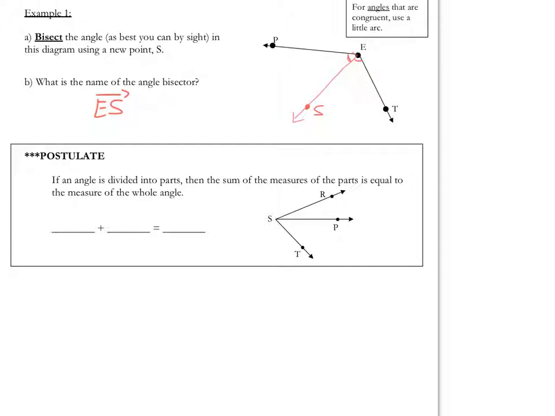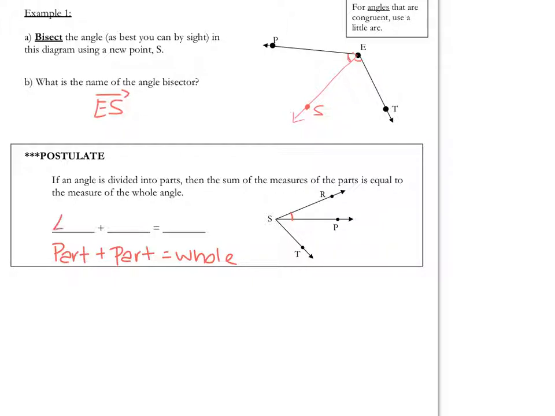This one, same thing as segments. Part plus part equals the whole. So same thing for your angle addition postulate. You take one angle, you add it to another angle, and you get the whole angle. So our first angle is going to be this one.